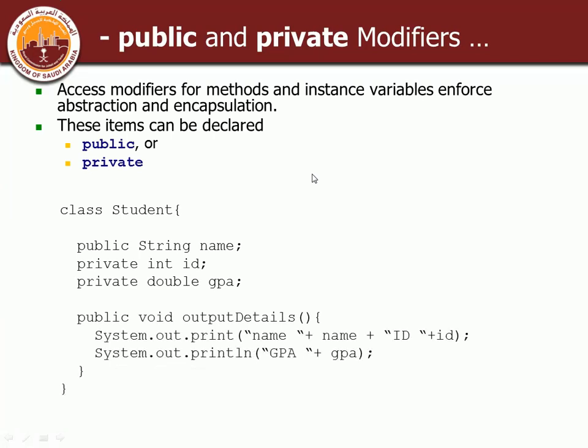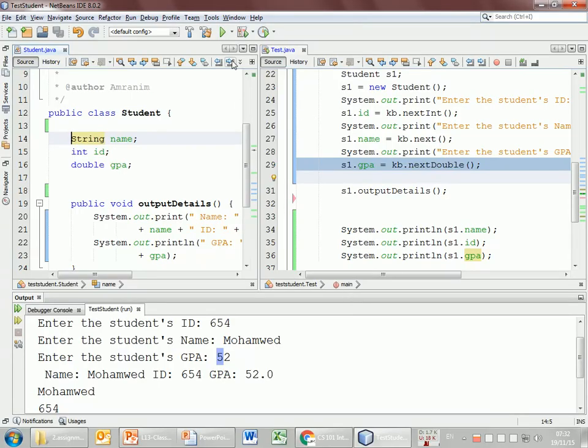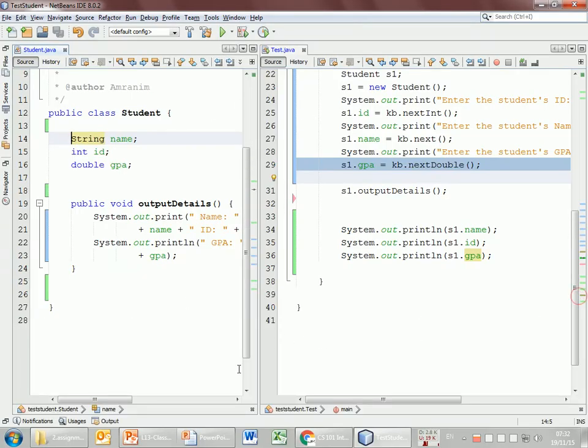Public means this variable, I can access it, I can change it, I can see it as I want. Private means this variable, I cannot see it, I cannot access it. But when I say I cannot see it, I mean from outside of the class, let me show you what I mean.